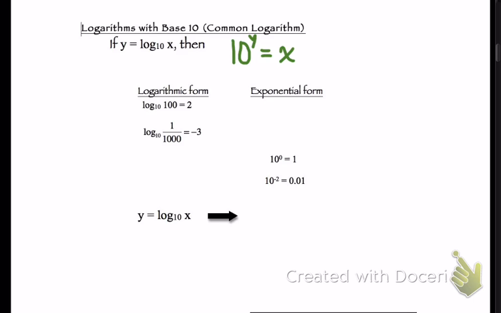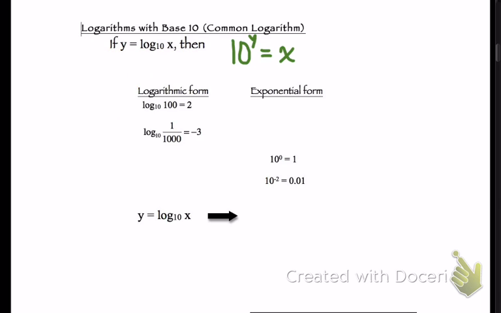Think about what I just did. I took the base, I set it, there is the exponent, and this is what it equals. Okay, so understand base, exponent, what it equals.